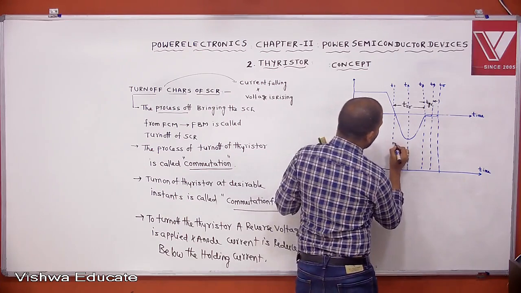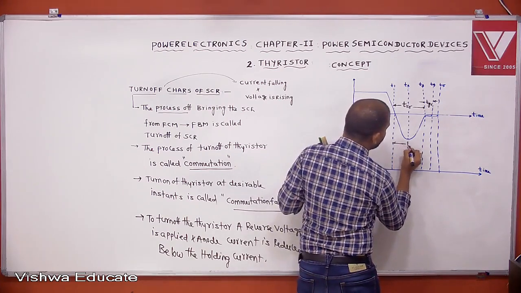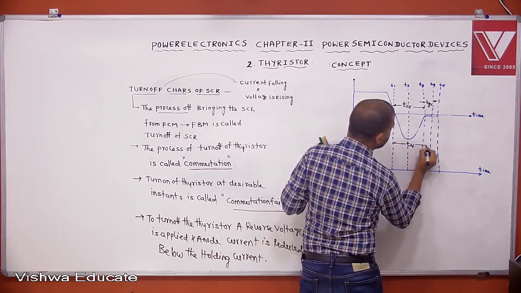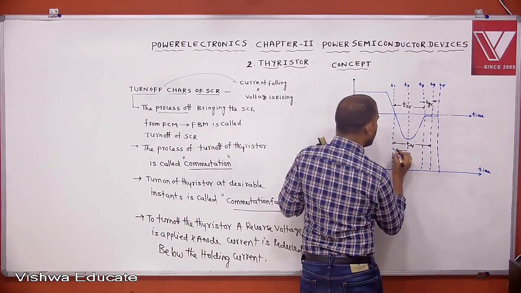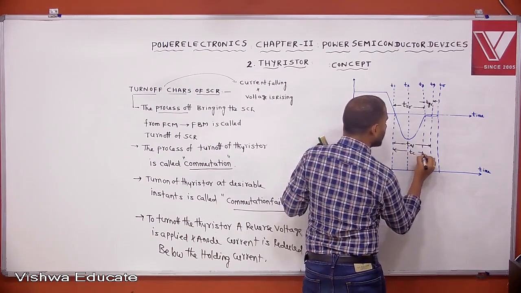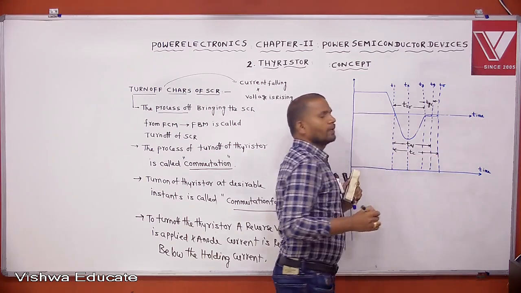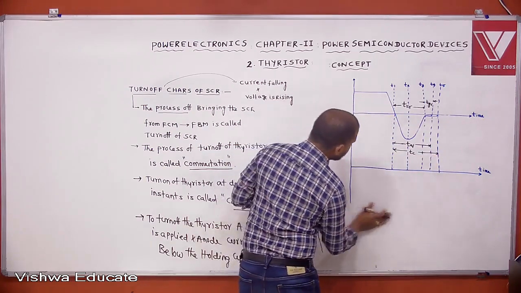This total time is nothing but the turn off time of the device. And this time is called circuit turn off time, TC.